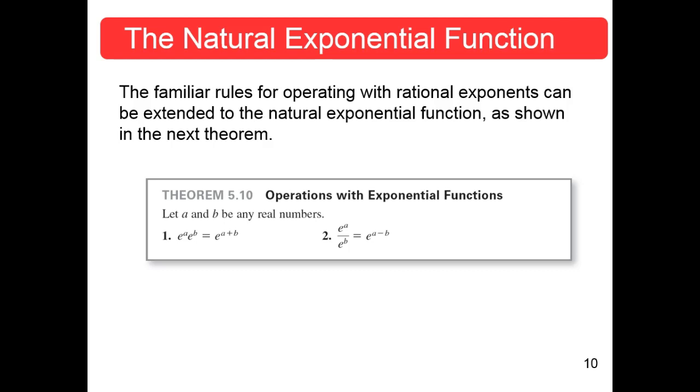Or dividing, same base, different exponents, that's e to the a minus b. Here, I would have been tempted to put that in parentheses. Makes it a little more obvious.